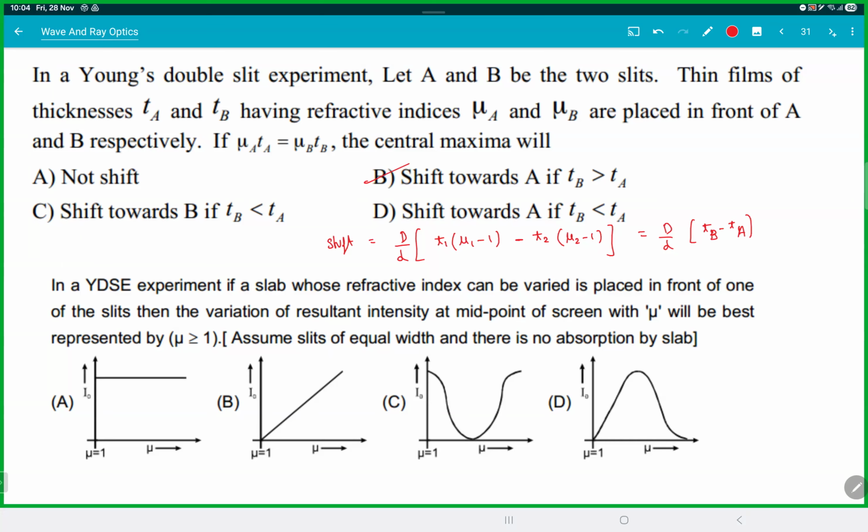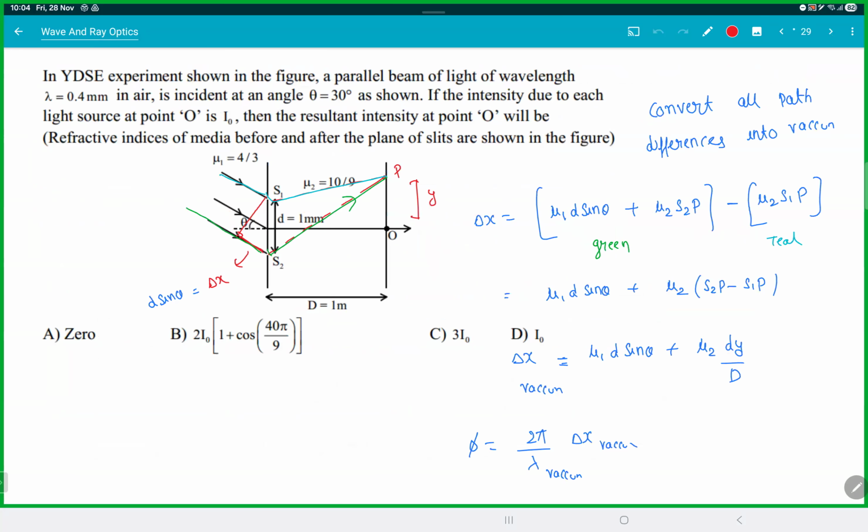What about the next one? So most people think it will not shift. Be careful. The formula is t into (mu minus 1). Why is there mu here? Which case, right? This one.